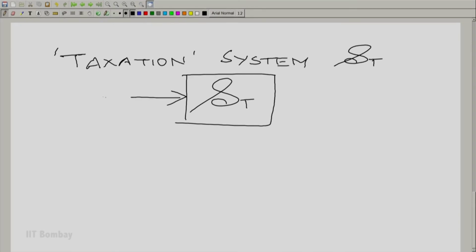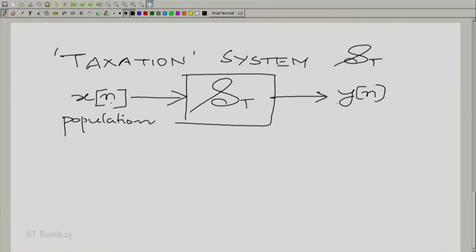It said that at any instance of measurement, maybe a periodic measurement takes place of population, and the instance is indexed by n, you have a population of x of n as a function of time, and the tax collected is y of n at that instant for a particular service.